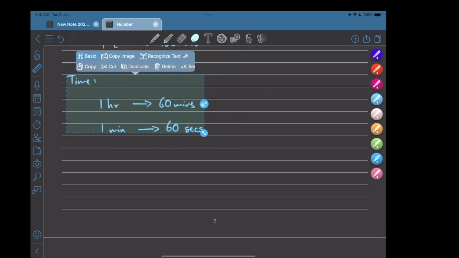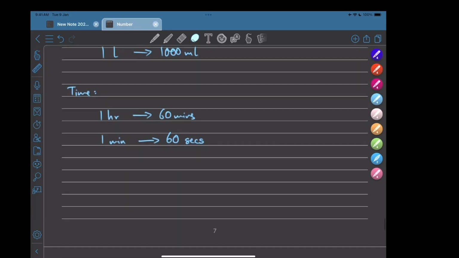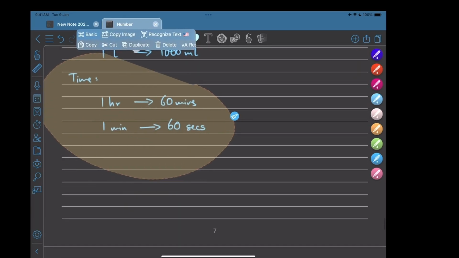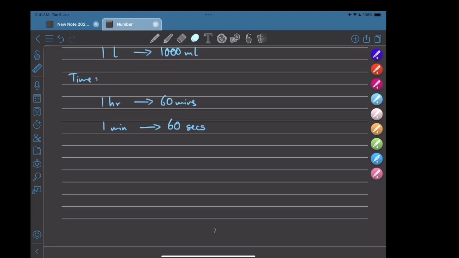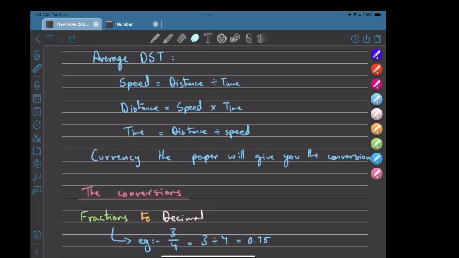Anything other than these you will not face in your exam. So it's a good thing that you are aware of what kinds of conversions you will have to face. And again, time: 1 hour has 60 minutes. 1 minute has 60 seconds. It was pretty simple, but something I want to discuss because it's mandatory to discuss.